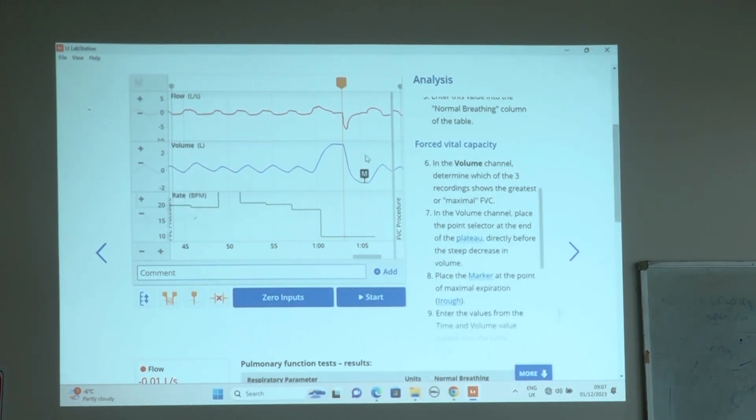Yeah, so when we keep this, the system will measure the difference between this point and this point. Does it make sense to us? Yeah, it does it by its own. We just have to have the marker and the pointer. The pointer here and the marker here. We get the time difference. But in case you want to look at it manually, you can see that this is 1 minute.